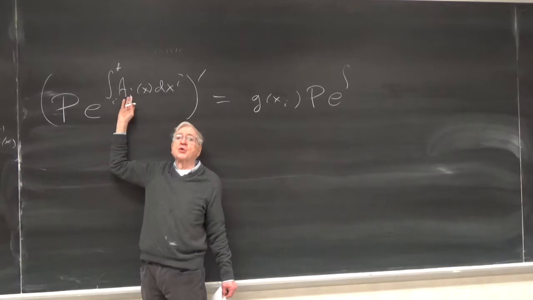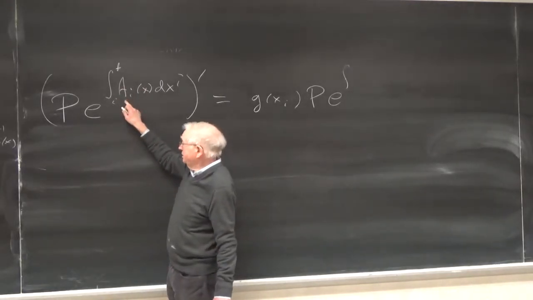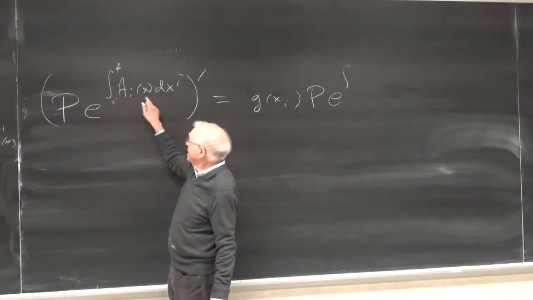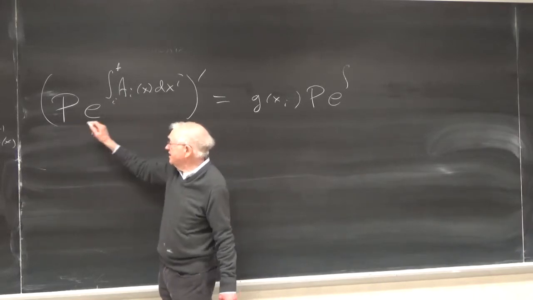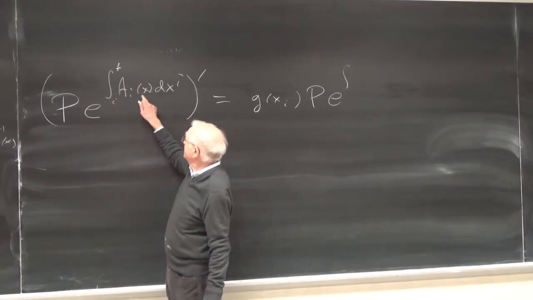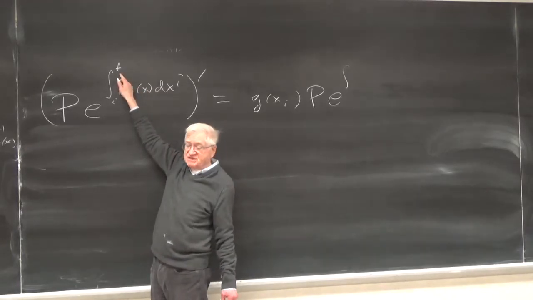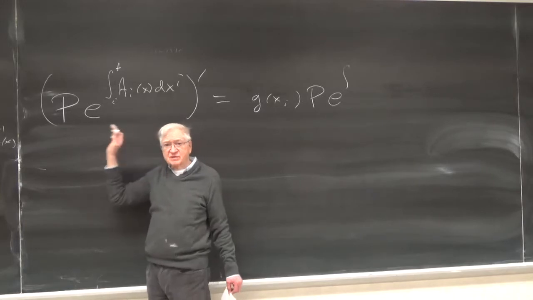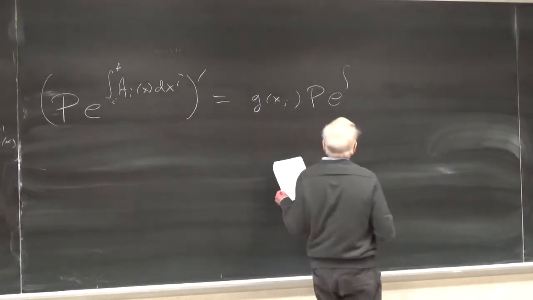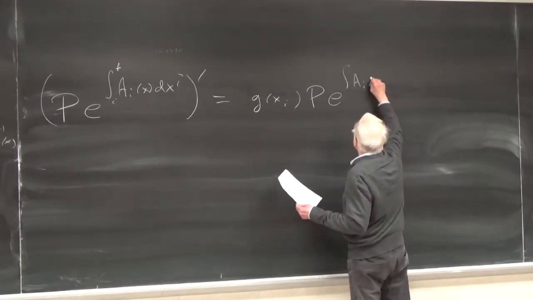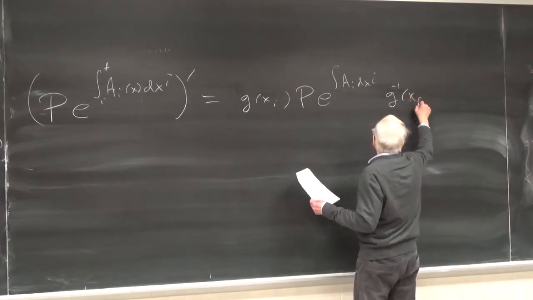This is just a path-ordered integral, because these are matrices. The exponential of A_i dx^i when x is near the initial position goes to the left, and the exponential of A_i dx^i when x is near the final position goes to the right. So it's a path-ordered exponential. Under a gauge transformation it becomes g of x initial times the path-ordered exponential times g inverse of x final.